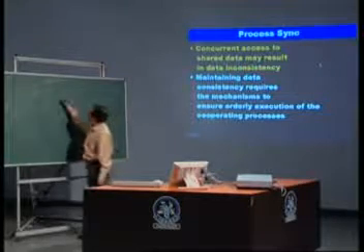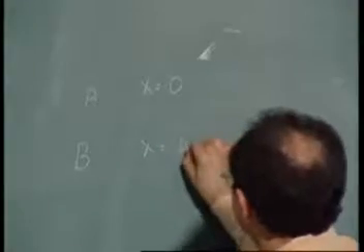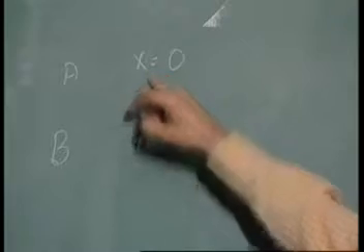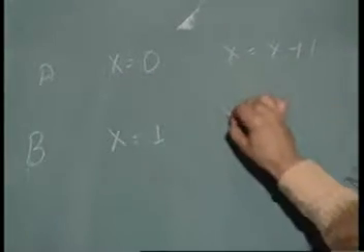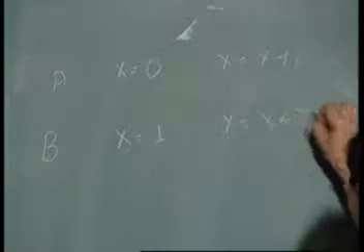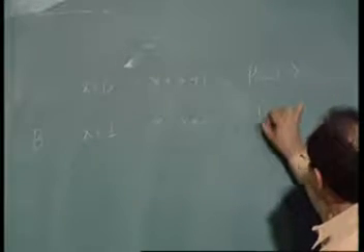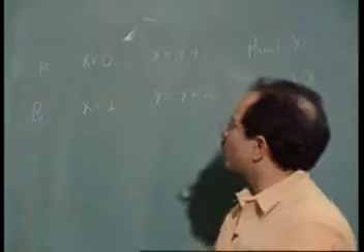Let us say process A says x is equal to 0, and process B says x is equal to 1. What does it mean? Both these processes A and B are using the same variable. Then x is equal to x plus 1, x is equal to x multiplied by 2, and print x, print x.